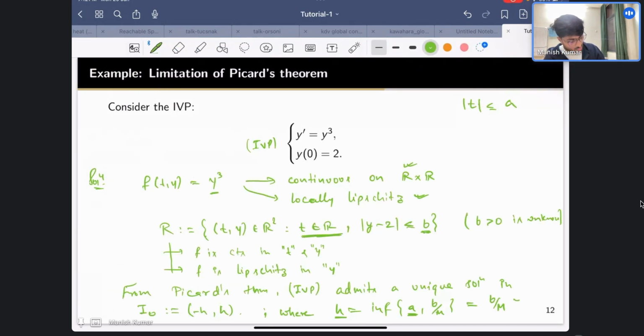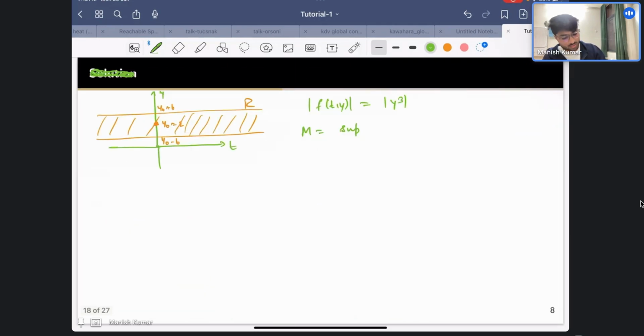Just keep in mind that we want to maximize this h, and that maximization can be done by some good choice of b. Okay, so our goal is to maximize h, which is given by b by m.